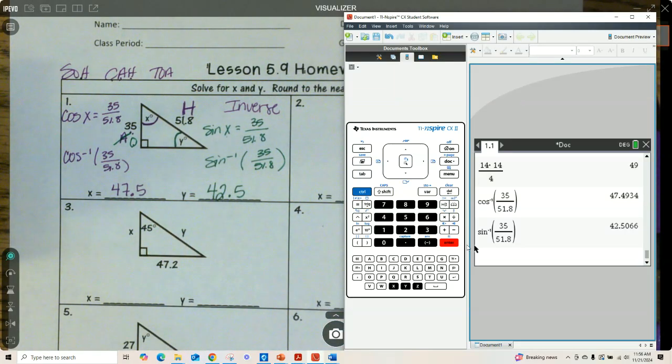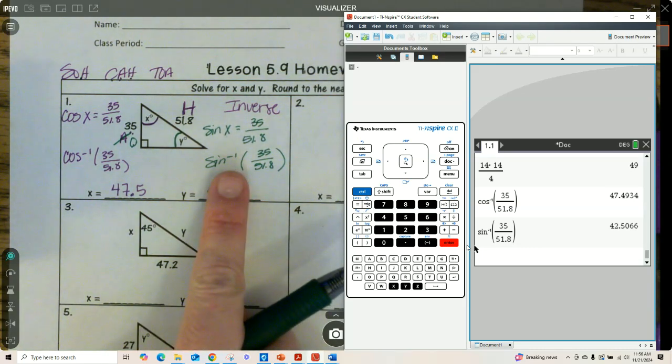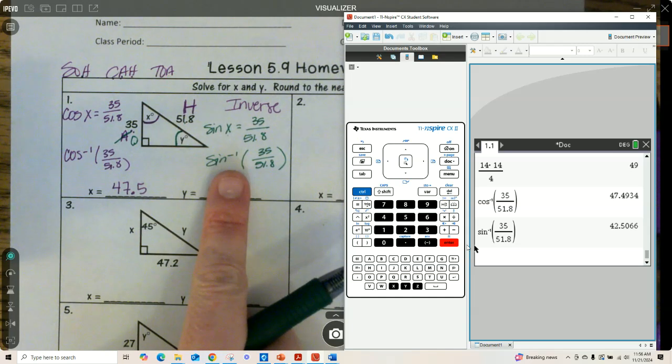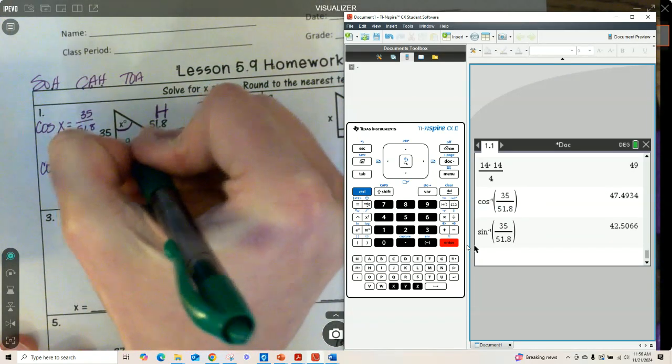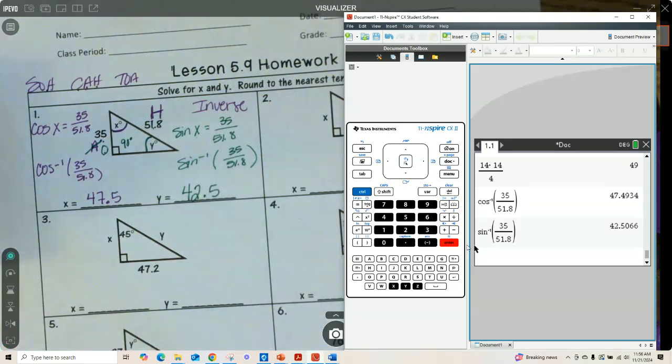Before I go any further with the angles, though, there's a shortcut. Okay, it's not always 100% accurate, but if you find one angle, and these are right triangles, which means this angle is always 90 degrees. What do we know about all three angles in a triangle? 180.